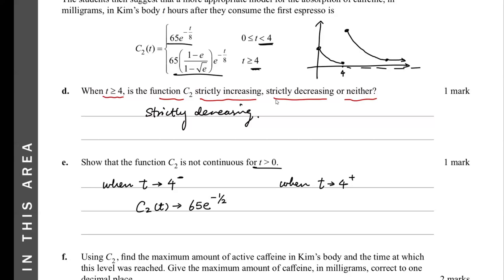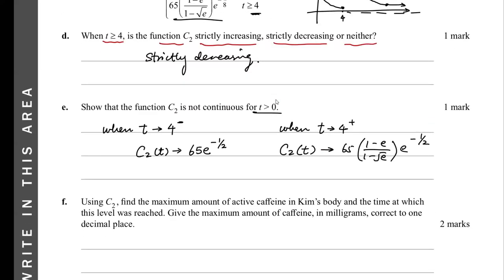And when you sub the 4 in here, C2 of t for t approaching 4 plus, that is 65 times (1 minus e) over (1 minus root e), times e to the power of minus 1 over 2.